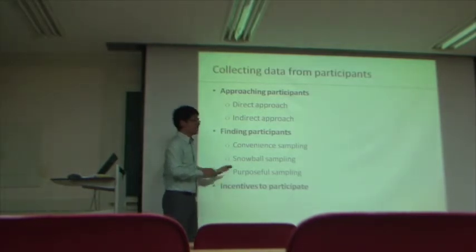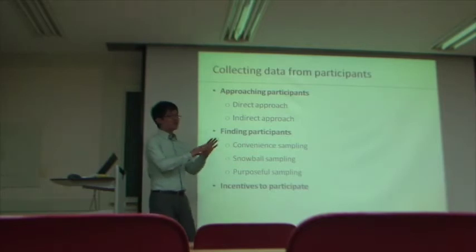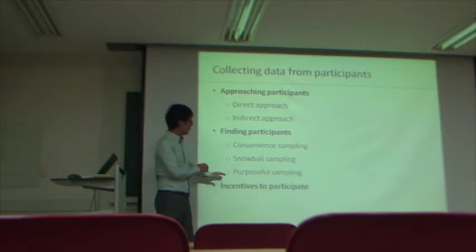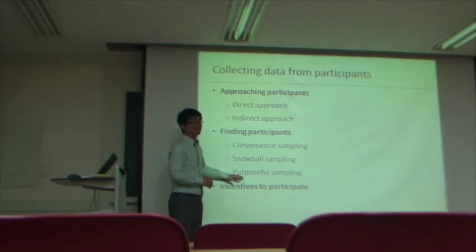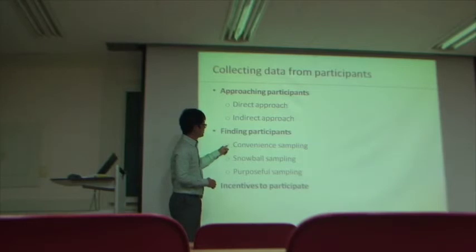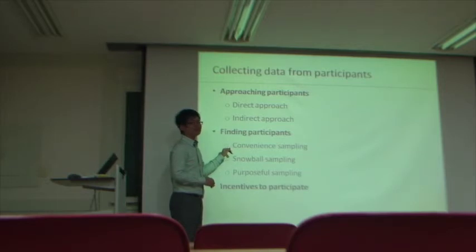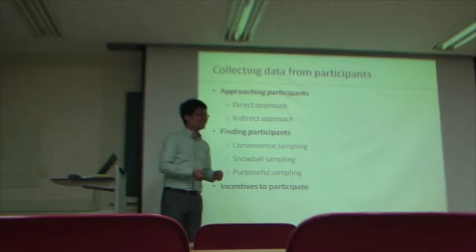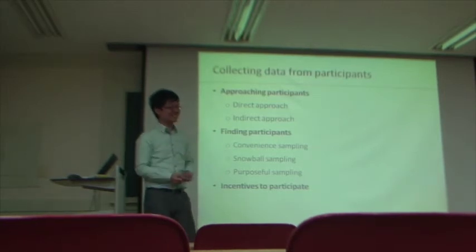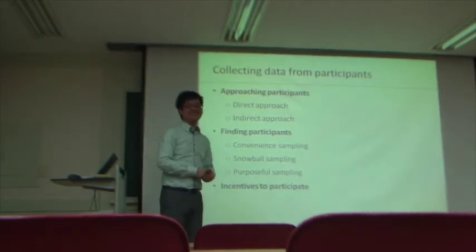It means you only look for people who fit your definition. That's called purposeful sampling. Convenience sampling is not encouraged, but a lot of people use it. It means you go out in the field and whoever you see, you talk to that person.